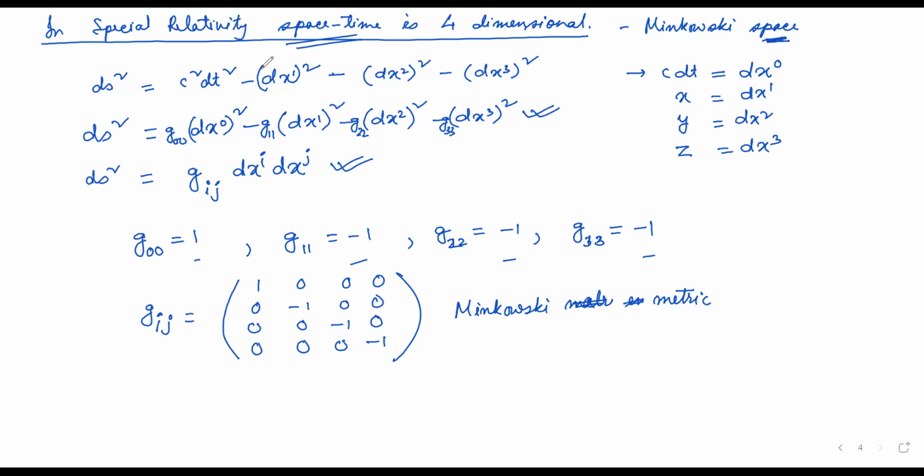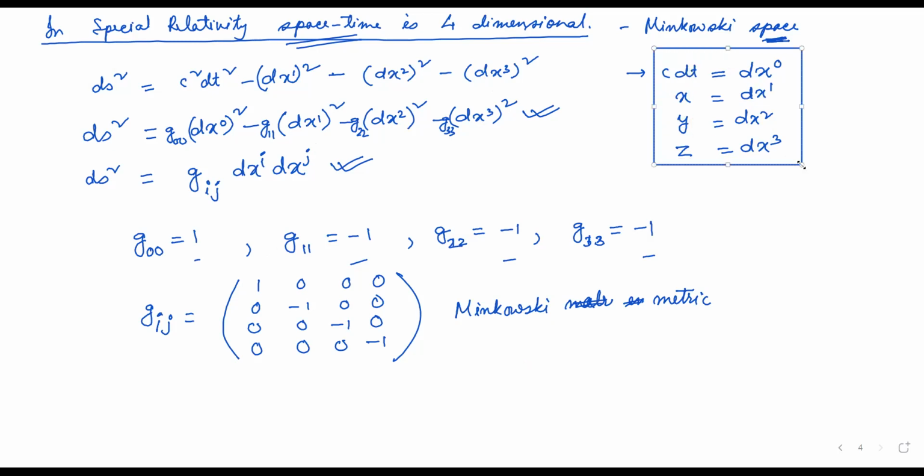Here, let me use the pointer spotlight. The dx1 here is actually x, this dx2 is actually y, and this dx3 is actually z.